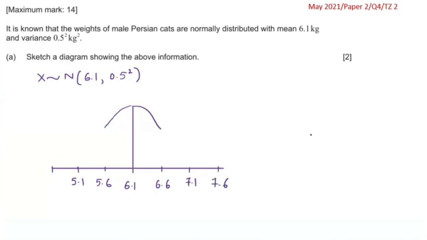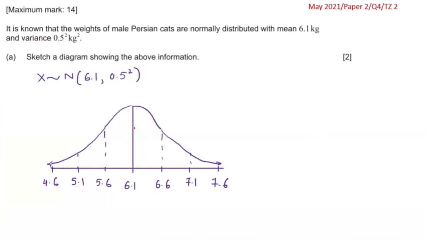And 5.1 minus 0.5, that's going to be 4.6, right? So we know that our curve should end here somewhere. Don't attach it yet to the x-axis. So we know that 68% fall within this range, 95% fall within this range, and 99 point something fall within 3 standard deviations from the mean.